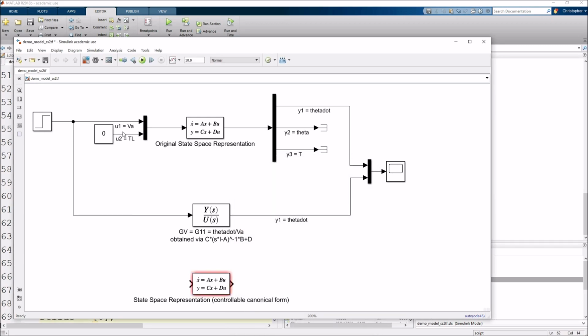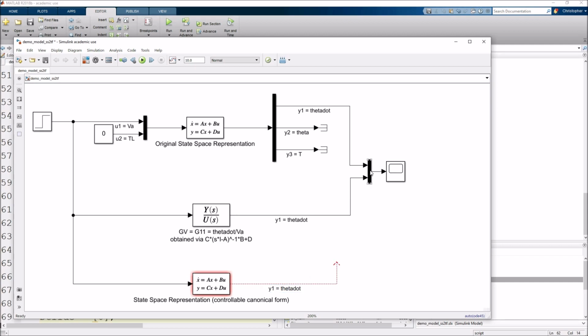The input is just U1, now only one input, because this representation is single input, single output, whereas the original state space had 2 inputs and 3 outputs. So I just want the first input, and this is Y1, theta dot again.